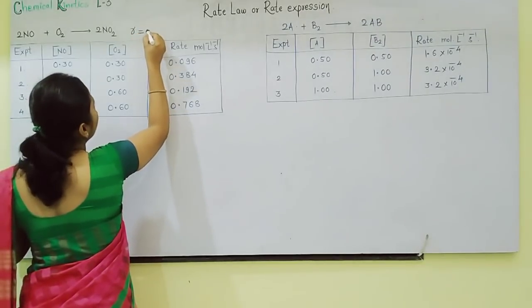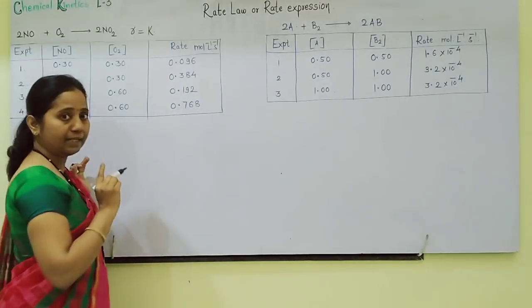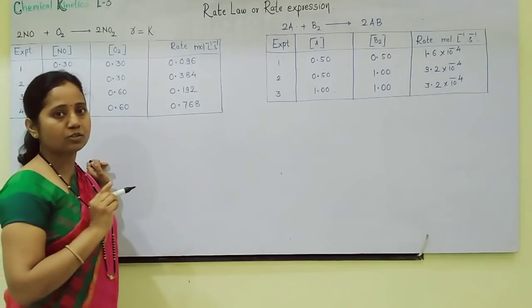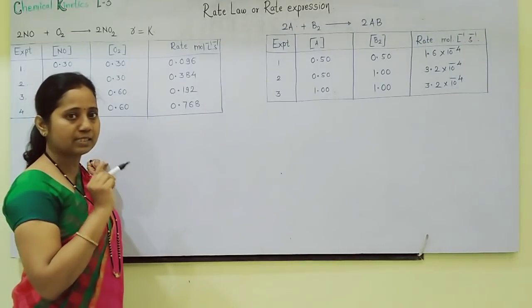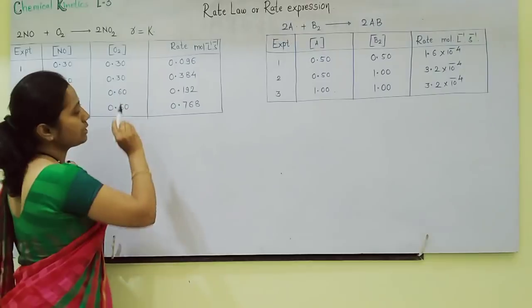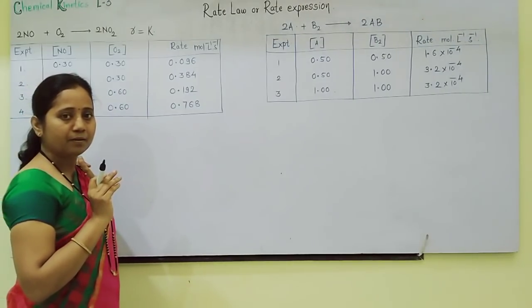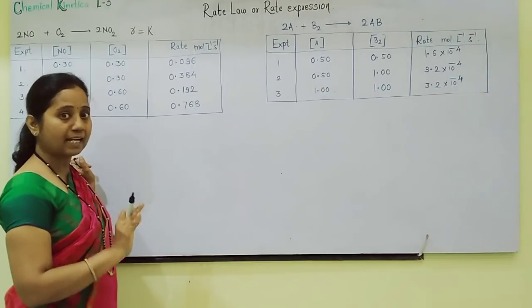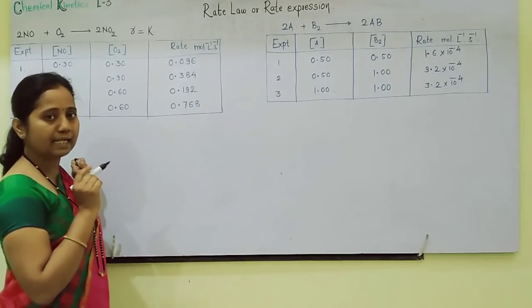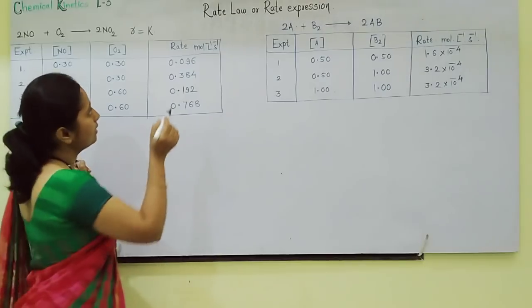R is equal to, of course, by rate law, if you have to write rate of a reaction, you must first write rate constant K. R is equal to rate constant K and concentration of reactants only. Now who are the reactants there? NO, nitric oxide, and oxygen.